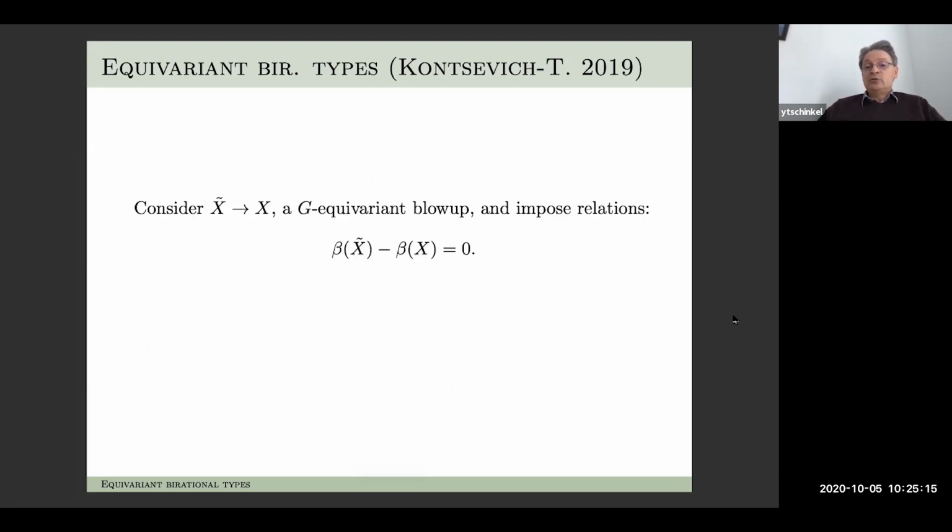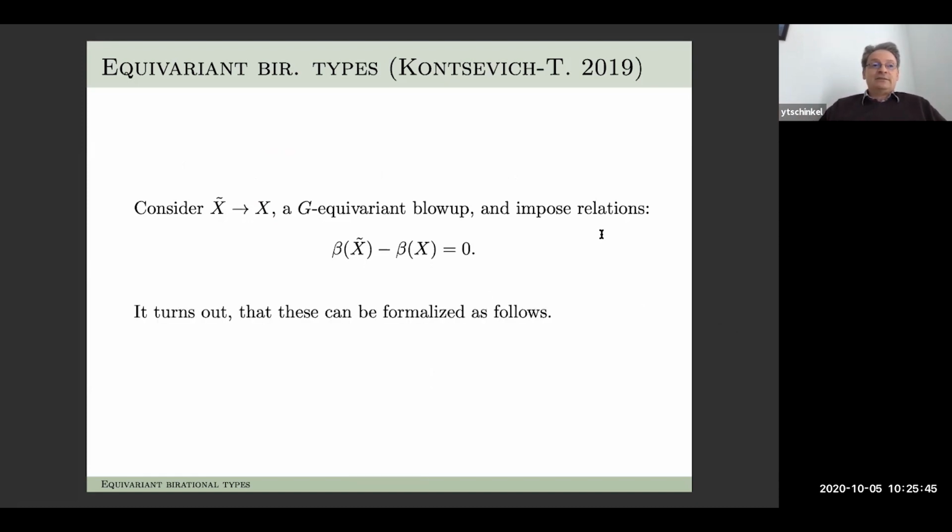Now, for this to be an equivariant birational invariant, we need some relations on these symbols. So we want to make sure that if we look at a G equivariant blowup, that nothing changes. So in other words, the difference between these assignments should be 0 in the group that captures invariance.